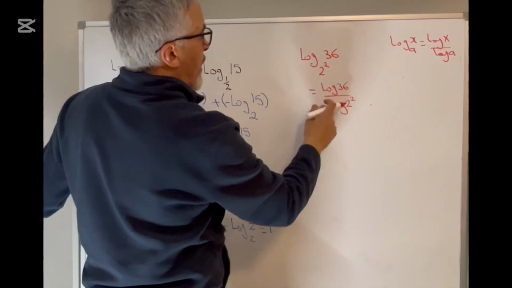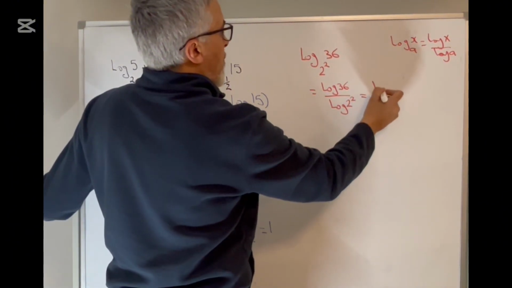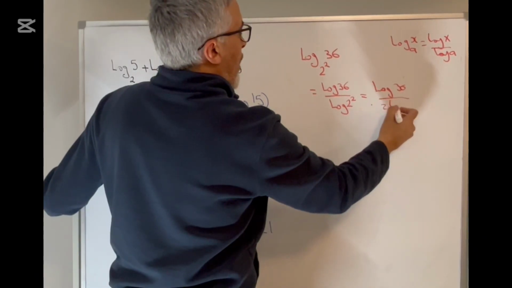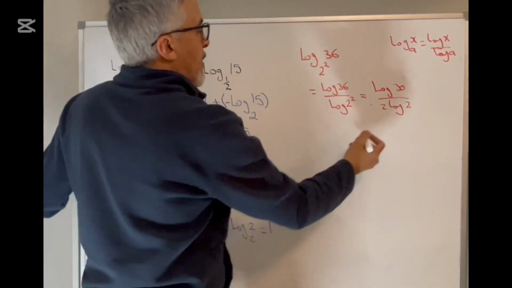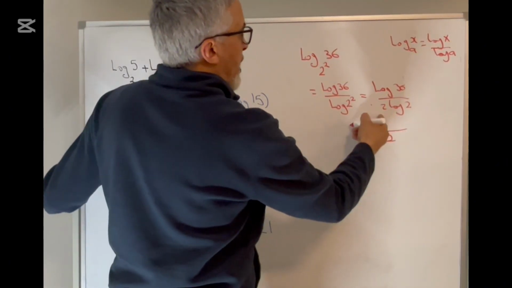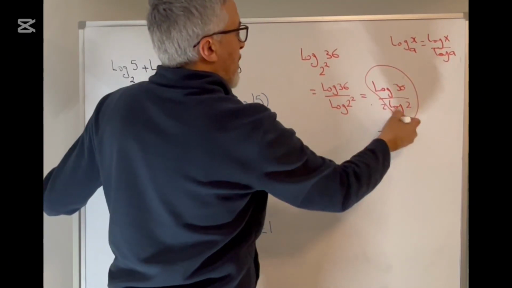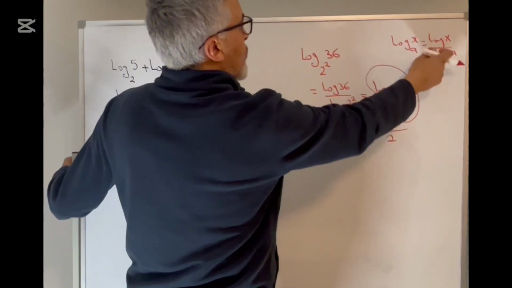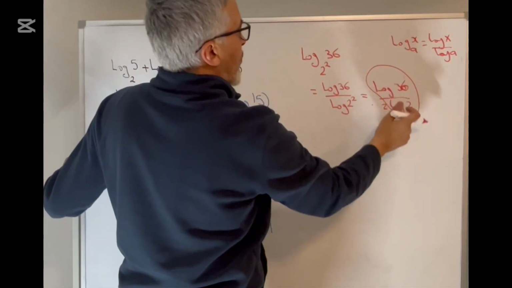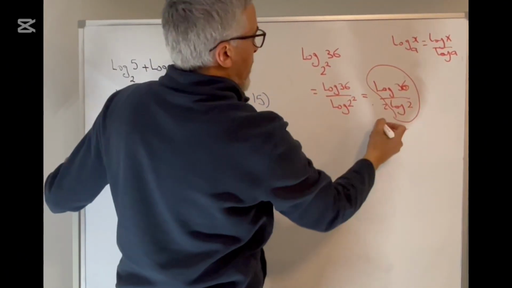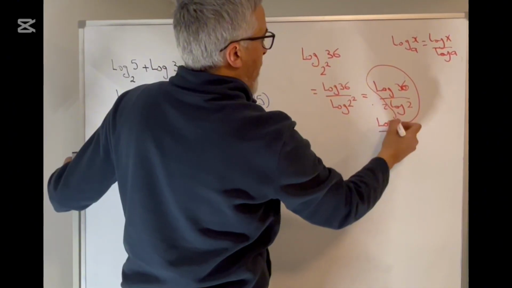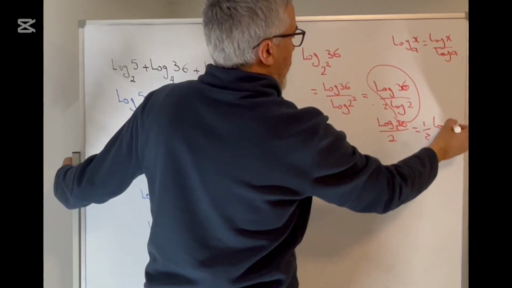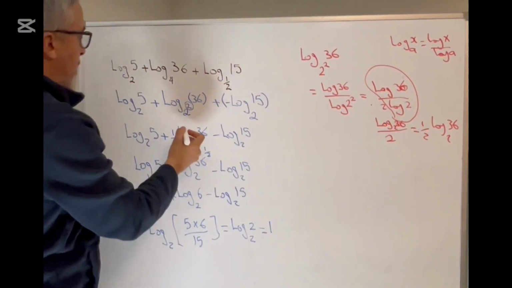And the 2 squared, I could bring the 2 right to the front, so that becomes log 36 over 2 log 2. Now we have the 2 on the bottom right here, but this here is, sorry, that's a 36. We could also come back this way. So log 36 over log 2 is log base 2 of 36, and therefore this is the same as having a half in front of log base 2 of 36. So that's the first one, which is this.